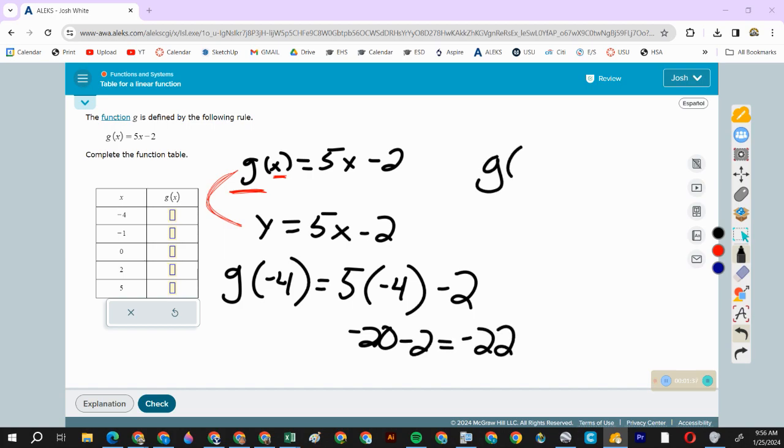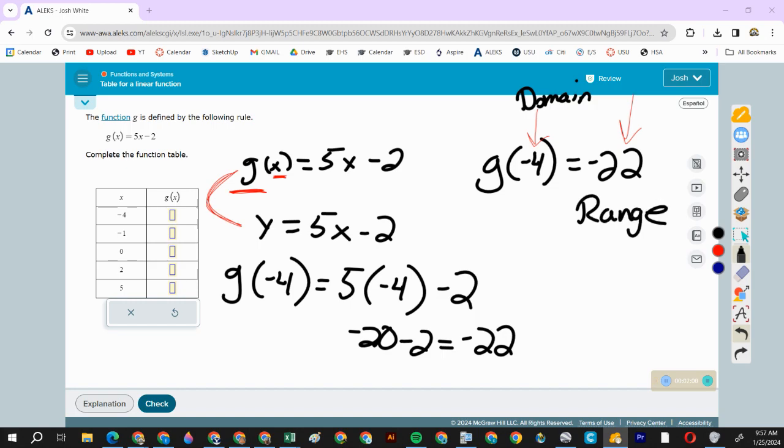So g of -4 is -22. Okay? And the numbers that we plug in here are called the domain. So these are domains. And the numbers that come out are called the range. So domains go in and ranges come out.